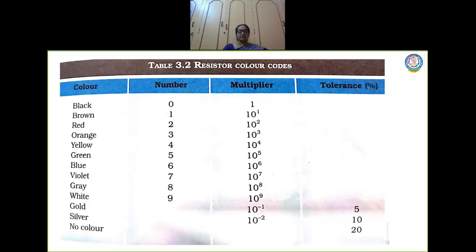Now to remember the order of these colors, let me give you a common code. You can easily remember this.